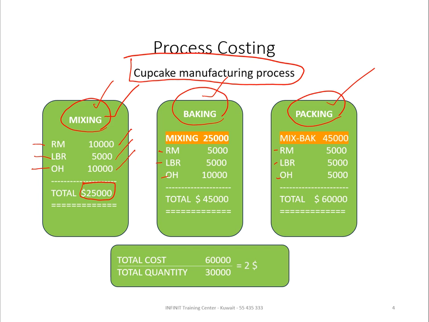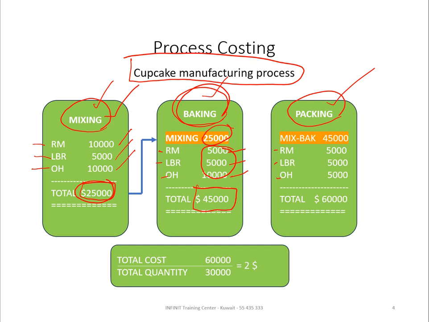Once the mixing is over, you transfer the products to baking, and you transfer this cost to the baking department. The baking department will have its own cost, which is 5,000 for raw material, 5,000 for labor, and 10,000 for overheads. So till now, including mixing and baking, your total cost is 45,000.